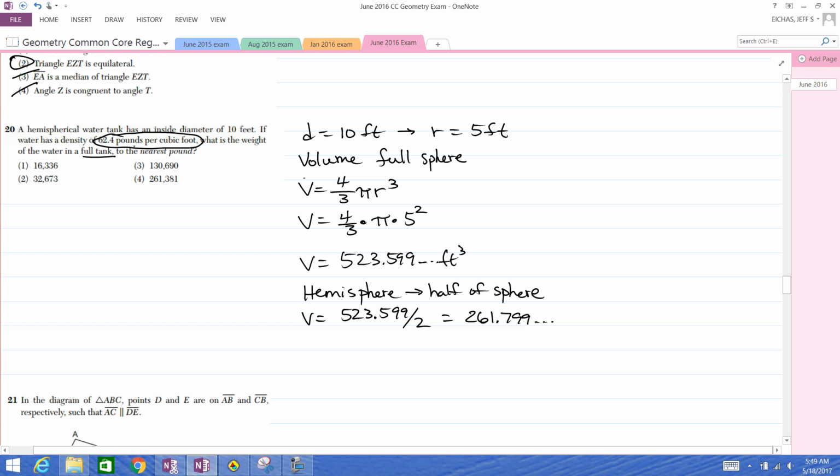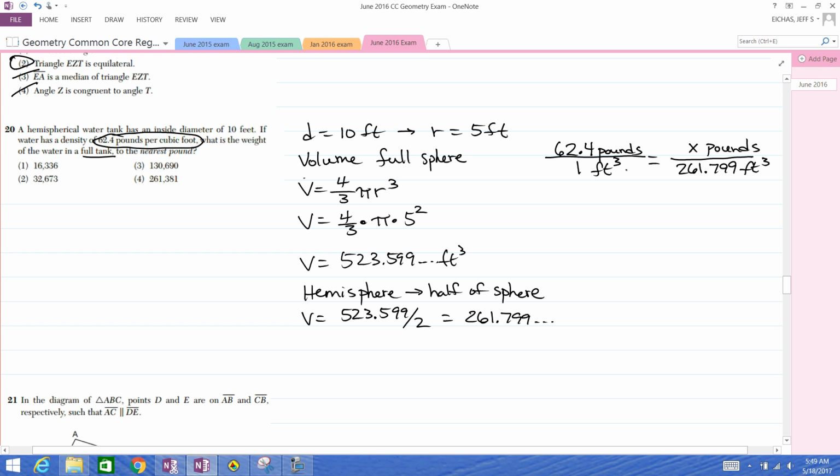All right. Now we've got to apply the density concept here. Take a look at the units of measure. Per cubic foot means, let's convert that. 62.4 pounds to every 1 cubic foot, which means feet cubed. And of course, we have our volume, the cubic feet, 261.799 for the hemisphere. We just need to know how many pounds.